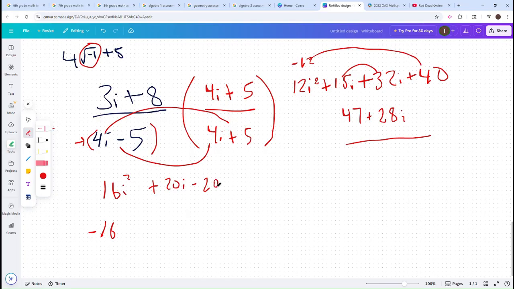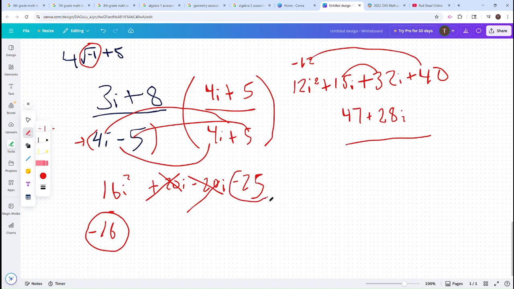And we all should know by now that anything minus itself is 0. 20i minus 20i, well, that's 0. And we have negative 5 times 5, which is negative 25. So we have two terms here, 20i and negative 20i. They're gone. So that leaves negative 16 and negative 25.